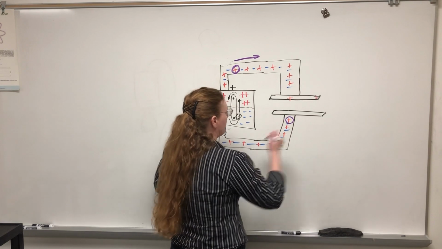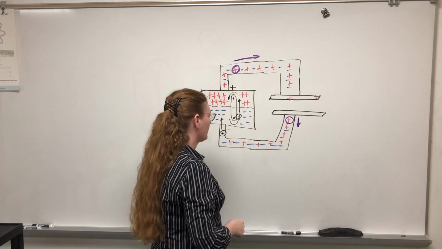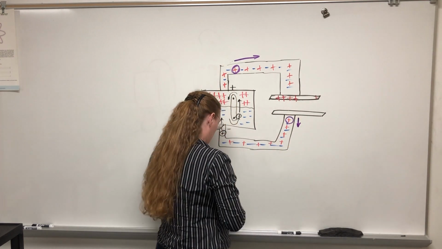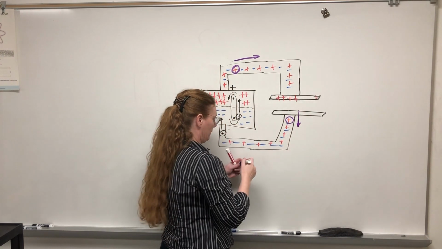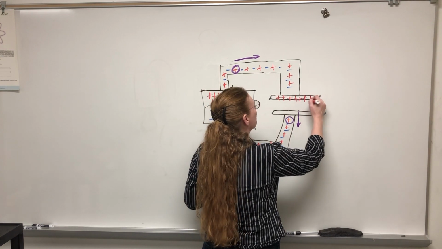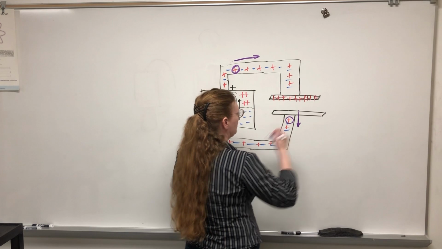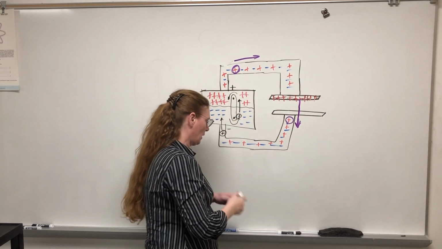So this charge here feels a small push. A few moments later, we've got more, and that push gets bigger, and bigger, and bigger until we have tons of positives here. We actually have an extremely large force.